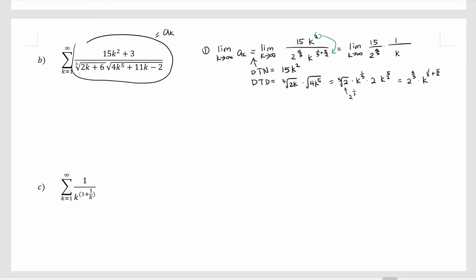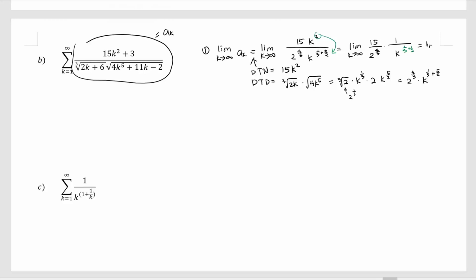So 5/2 minus 2 is 1/2, so it becomes 1/3 plus 1/2. That's why I didn't add them before. I want to simplify more, so then I can add it now. 1/3 plus 1/2 is 2/6 plus 3/6. That's 5/6.